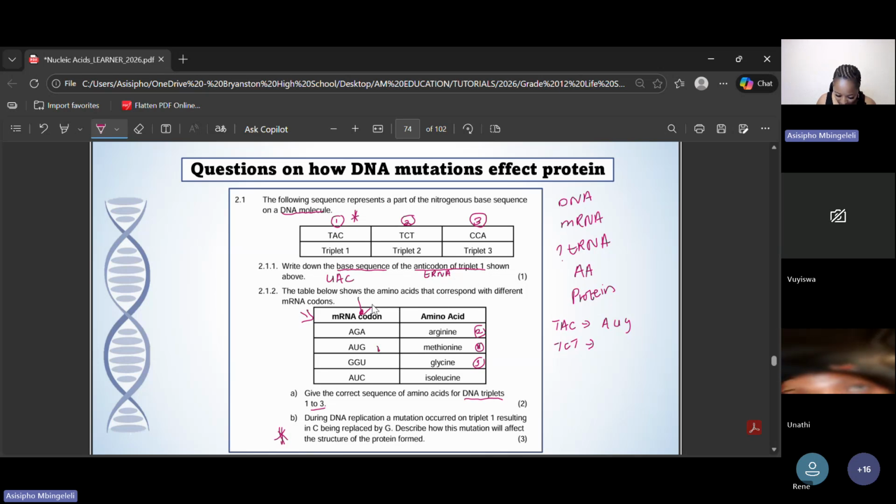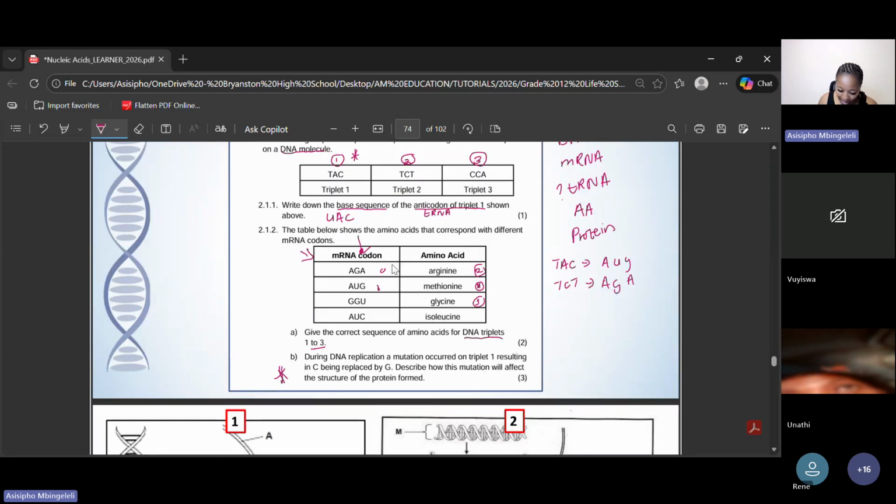So the second one will be arginine because you go to the table. And then the last triplet is CCA. You take it to messenger RNA, which will become GGU. There's GGU, glycine. You get 2 marks for that, and write them in the correct sequence. For you to get the full 2 marks, they have to be in the correct sequence. If the sequence is messed up, you actually get 0. There's no 1 mark.